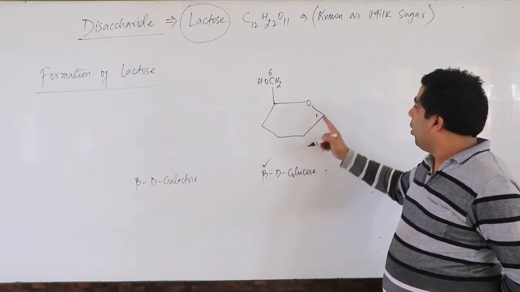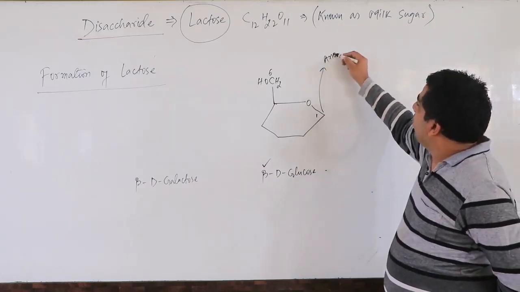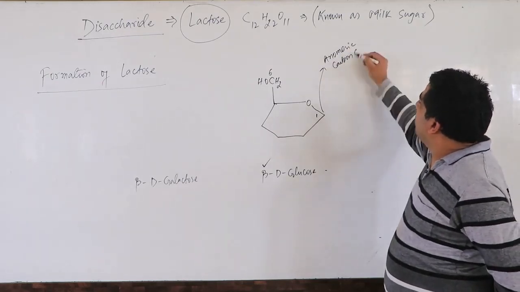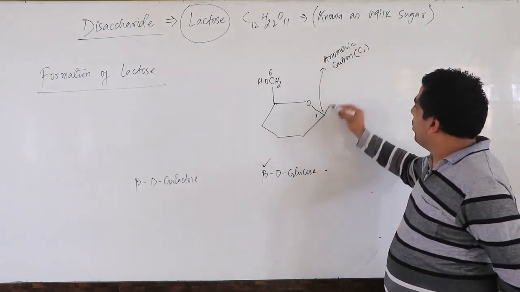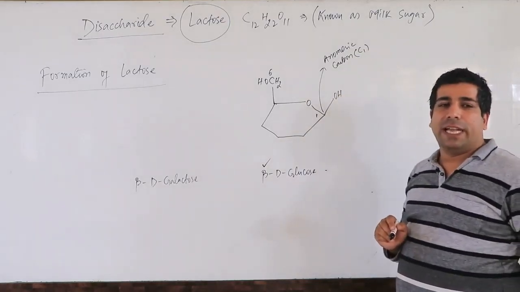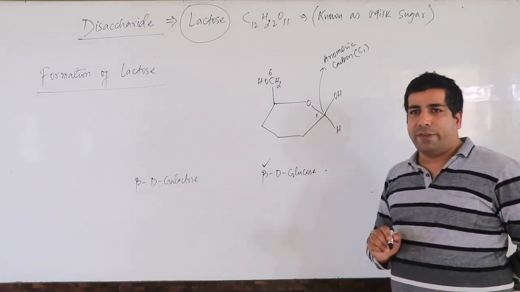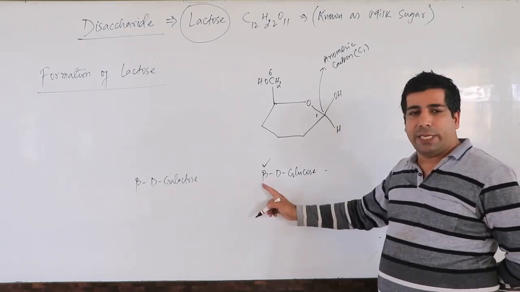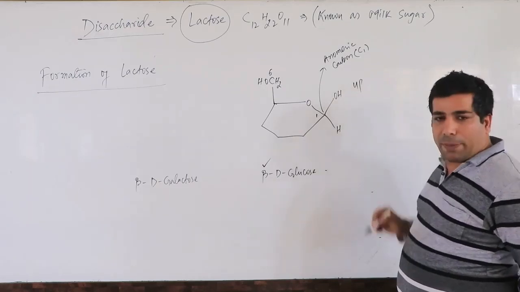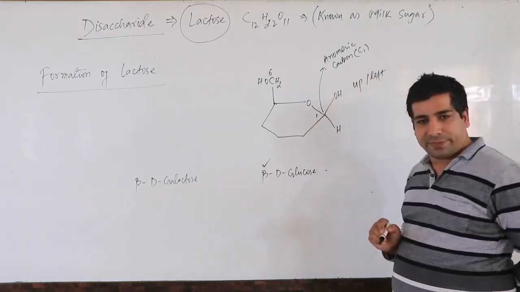Beta form means on the first carbon, which is, my dear friends, your anomeric carbon in the glucose molecule, the OH group should be on the upper side, and H will be down. So my dear friends, I hope you have understood the meaning of beta. The position of the OH group is on the upper side. Upper side basically means on left, correct?